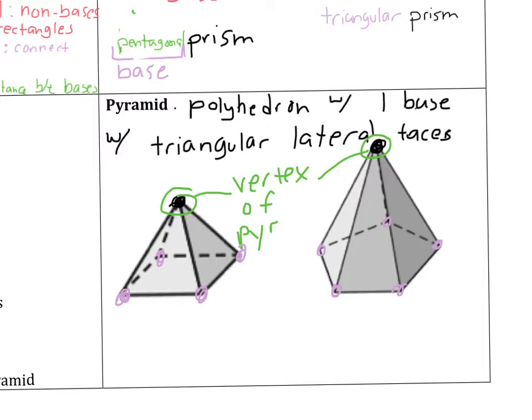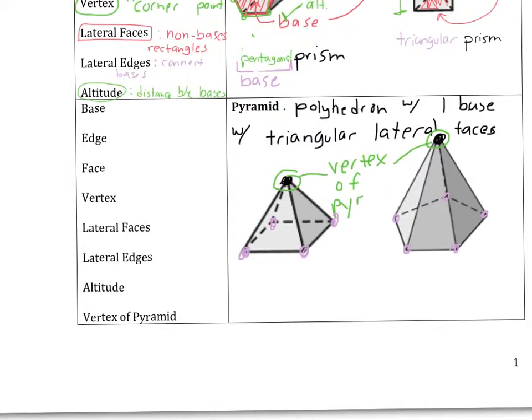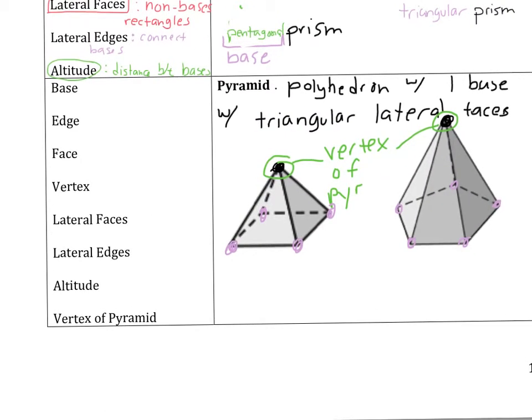It's just a vertex in the pyramid. So those don't have special names necessarily, but the vertex of the pyramid is where the pyramid meets.